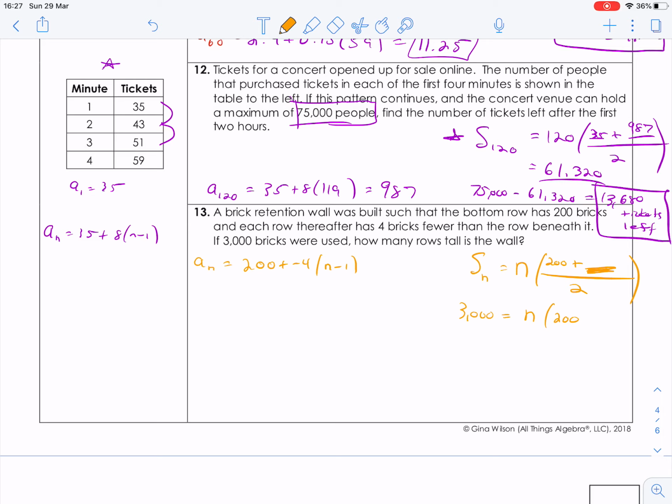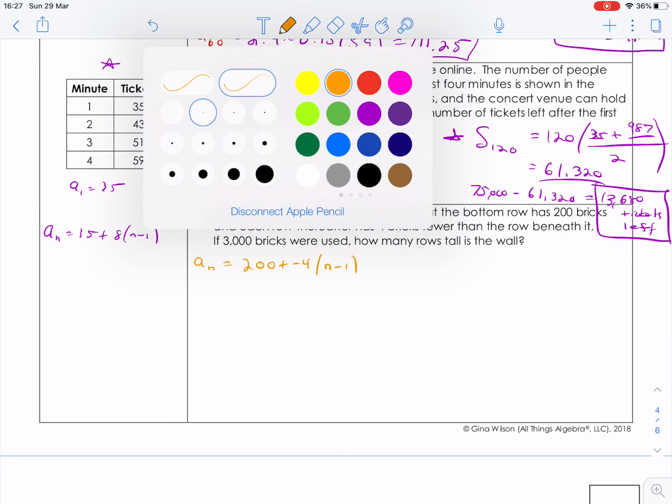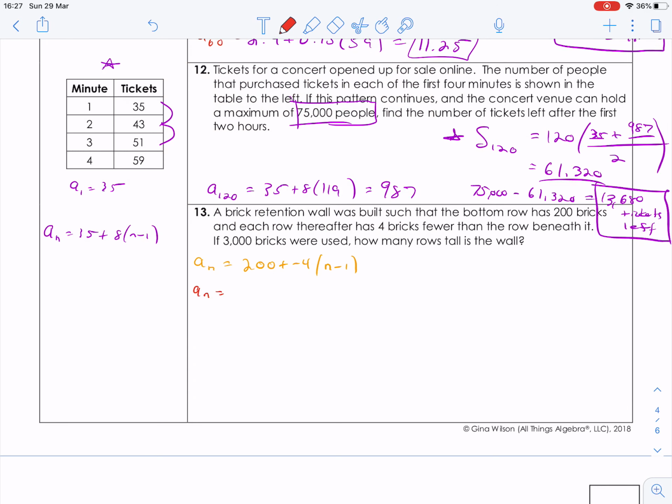We can do A of n now, though. I'm going to have to back up. Cool problem. Okay, so let's get this into an actual equation here that is a little bit simpler to substitute. So here we go. We get 200 plus negative 4n plus 4 equals negative 4n plus 204.